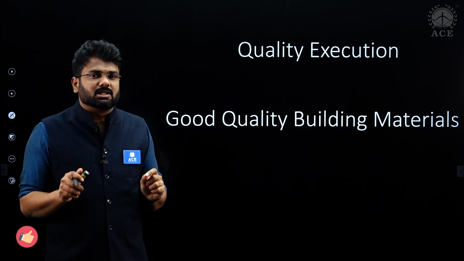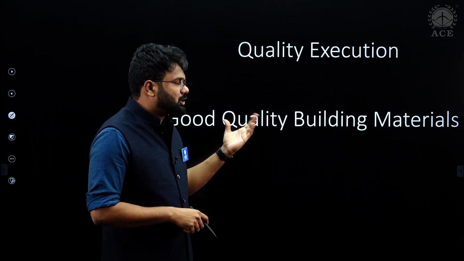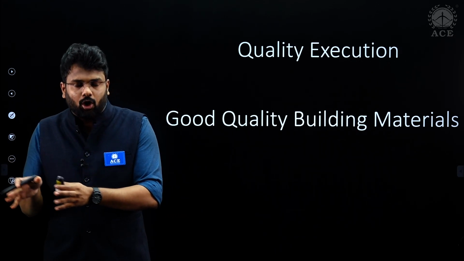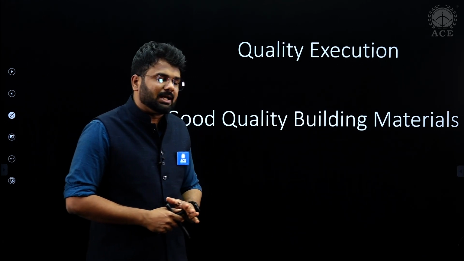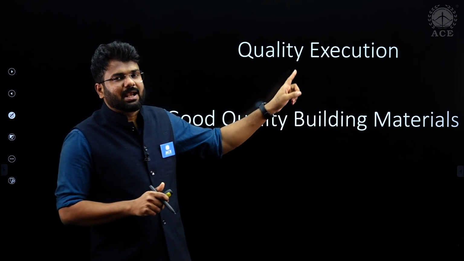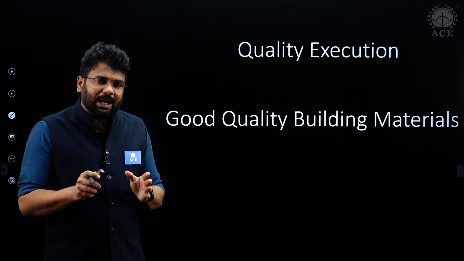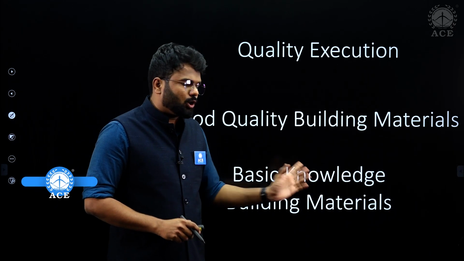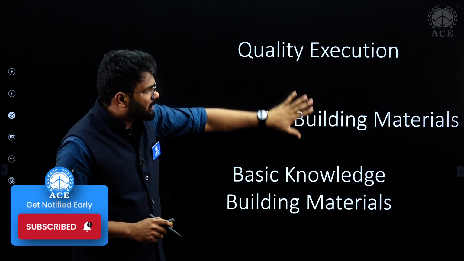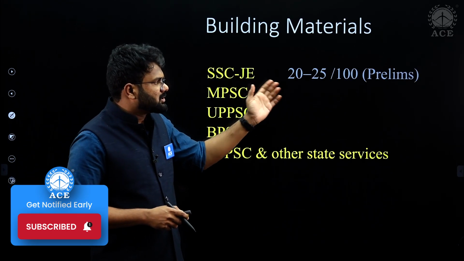Now, as a site engineer, you should know what all tests you have to do in lab or at field to ensure that good quality building materials are being used for execution. This is how the examiner checks whether the candidate has the basic knowledge of building materials or not. Clear? So that is why such a high weightage is there.